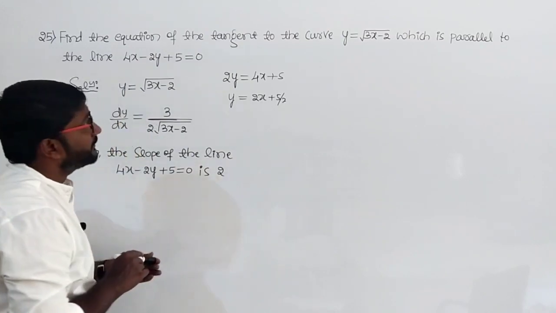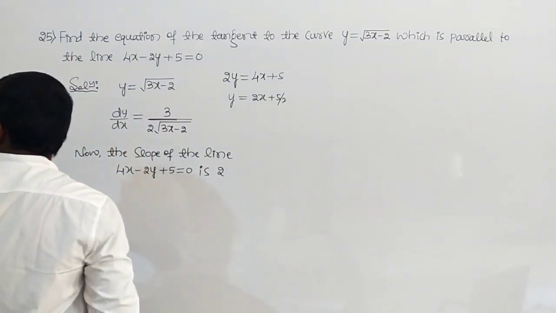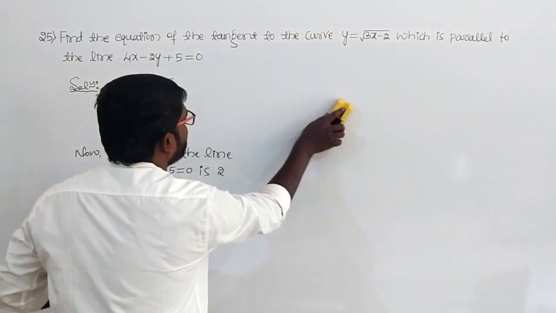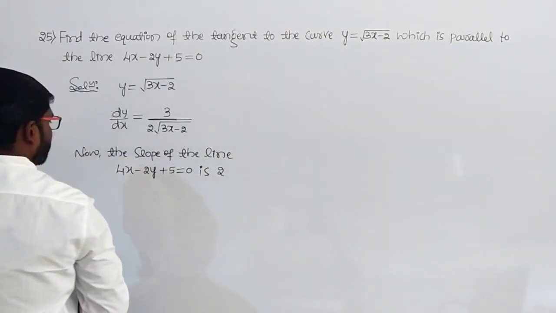Now he says the tangent to the curve y equal to square root of 3x minus 2 is parallel to the line 4x minus 2y plus 5 equal to 0. That means we will have to equate the slopes.